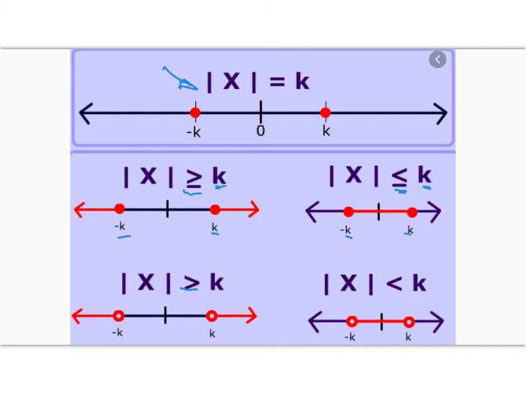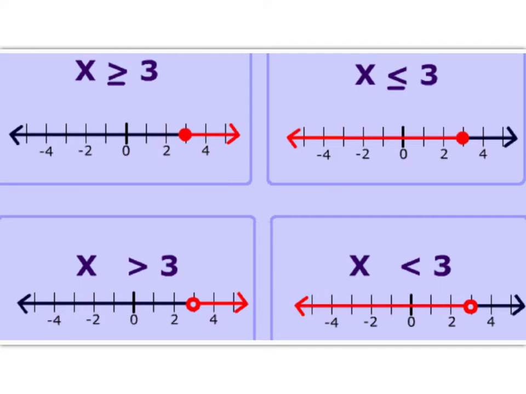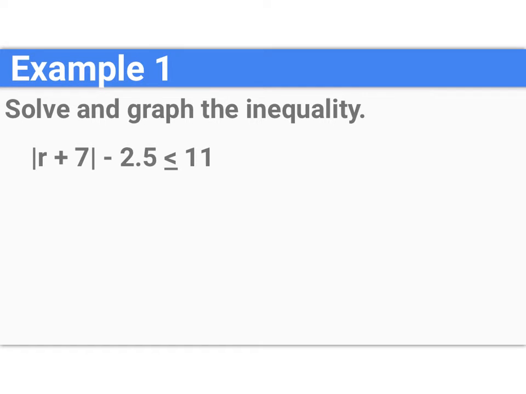So you have to pay particular attention to which way your absolute value symbol is facing when dealing with absolute value inequalities. We have to be very careful and go slowly with these examples. And then again, here are the rules for graphing regular inequalities, which apply.